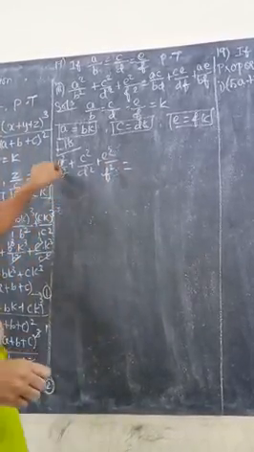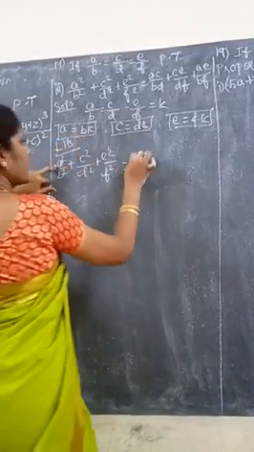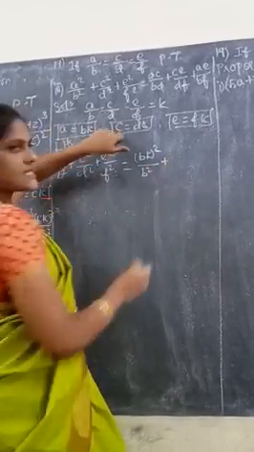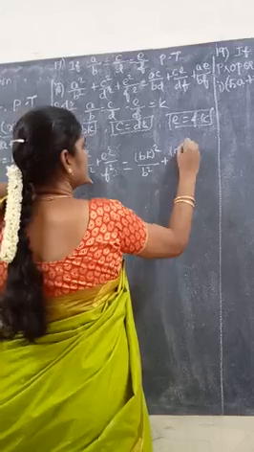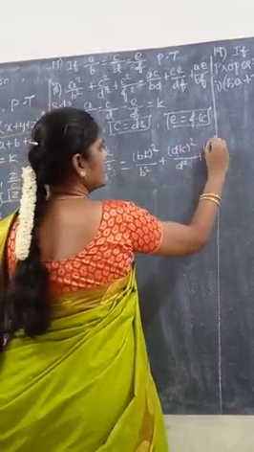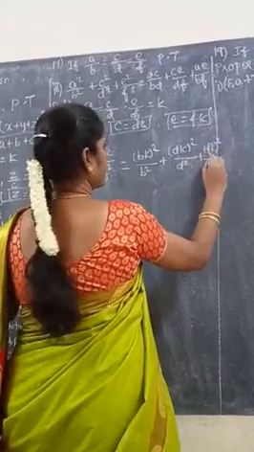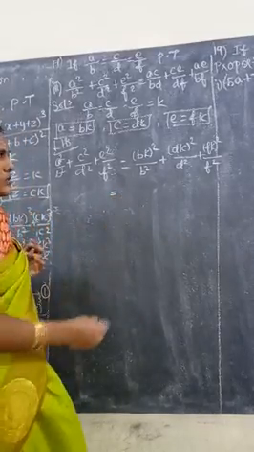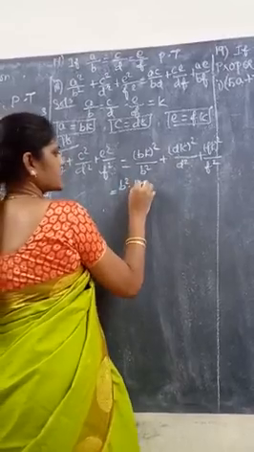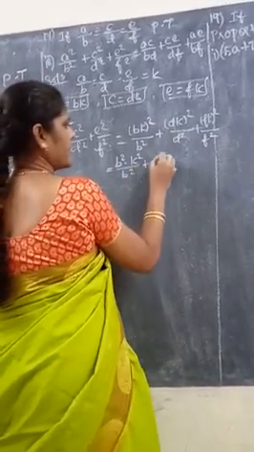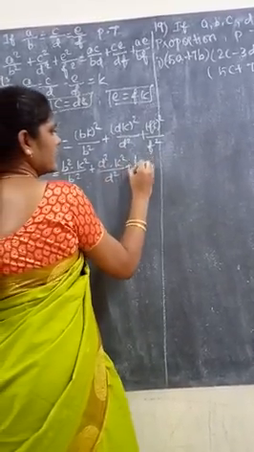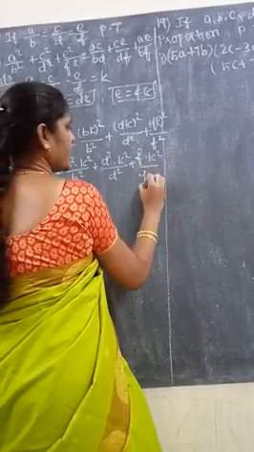What is a? a equal to bk. So bk squared by b squared plus, what is c? c equal to dk. So dk squared by d squared plus, what is e? fk. So fk squared by f squared equal to. Now listen. This square is common for the terms. So b squared into k squared by b squared plus d squared into k squared by d squared plus f squared into k squared by f squared.